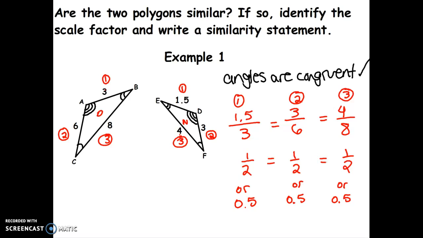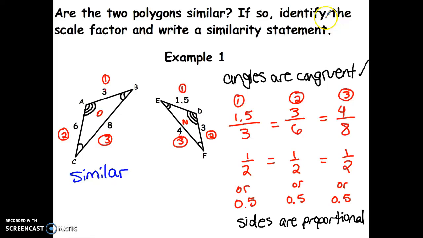What we notice is that these three numbers are equal to each other, and that tells us that the sides are proportional. So if the angles are congruent and the sides are proportional, we can conclude that the polygons are similar. So we're going to write that they are similar.